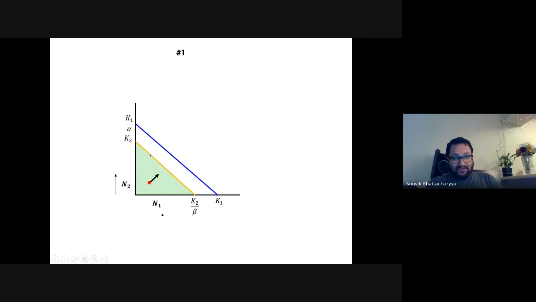But in this intermediate zone, which is above the yellow line but below the blue line, species 1, which is the blue line, is going to win because it is below the blue line. If you remember, we discussed this: below isocline is increase, above isocline is decrease.